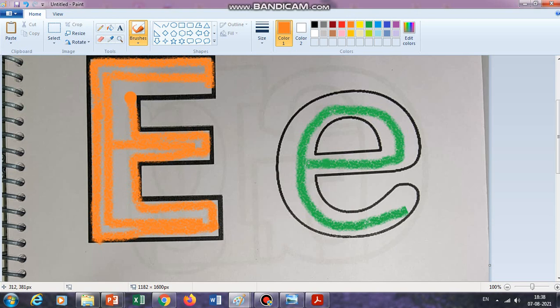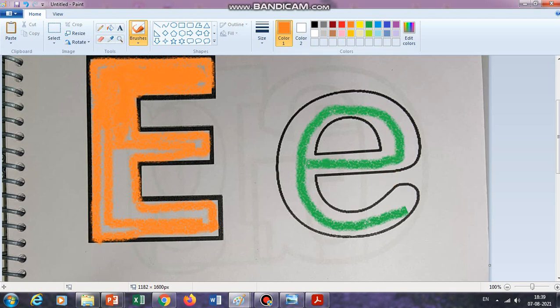While coloring, recall the words we have learned. E, eh, elephant. E, eh, Eskimo. E, eh, egg. E, eh, eraser.